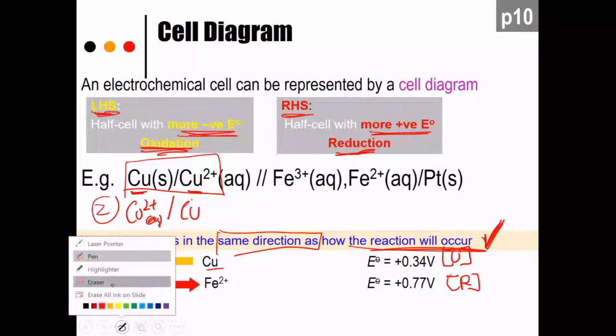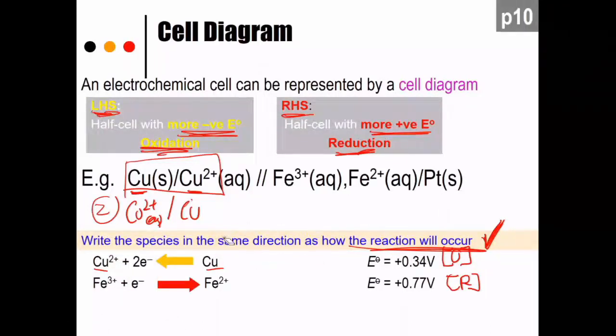So if I look at the copper 2 plus copper half cell, it is the oxidation half cell. Oxidation means that copper is oxidized to copper 2 plus. So when you write it out in your cell diagram, when you read from left to right, it must show the oxidation reaction, because we must write in the same direction as how the reaction will occur.